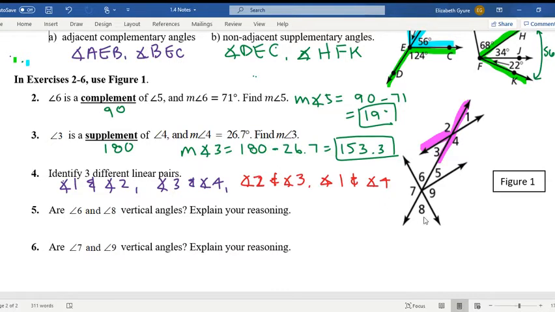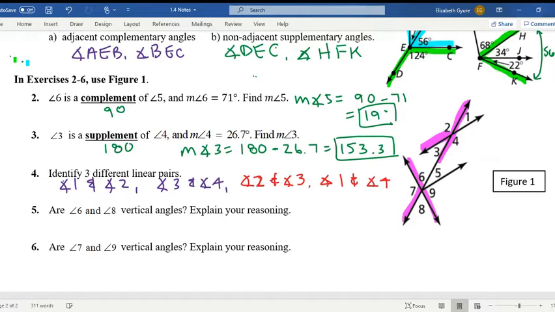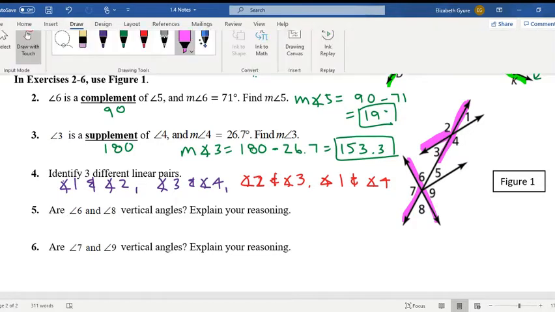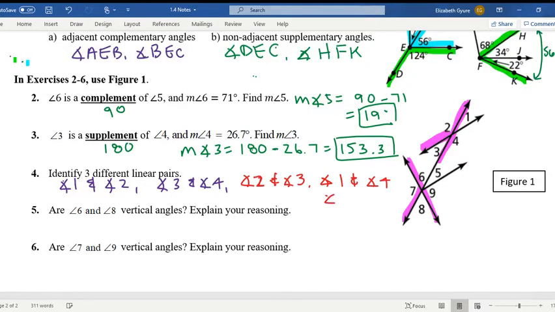And then similarly, there's also an option down here with angles 7 and 8. So if you look down here, you have another pair of opposite rays. So 7 and 8 could work as well. So I'm just listing a bunch of different ones to you so you can see some different ways they could look.